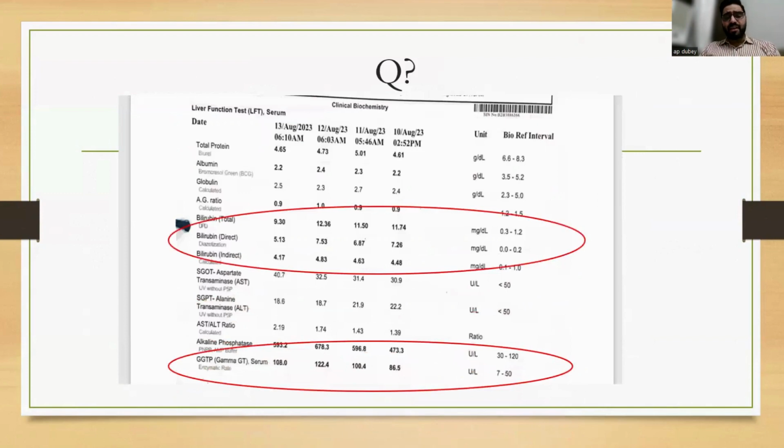Now coming to this, here again, patient is having jaundice and AST and ALT are normal, whereas alkaline phosphatase or the cholestatic markers are significantly raised, and that significant raise actually fulfills the definition of disproportionate raise, that is more than 4 times the upper limit of normal. So this is a cholestatic pattern.